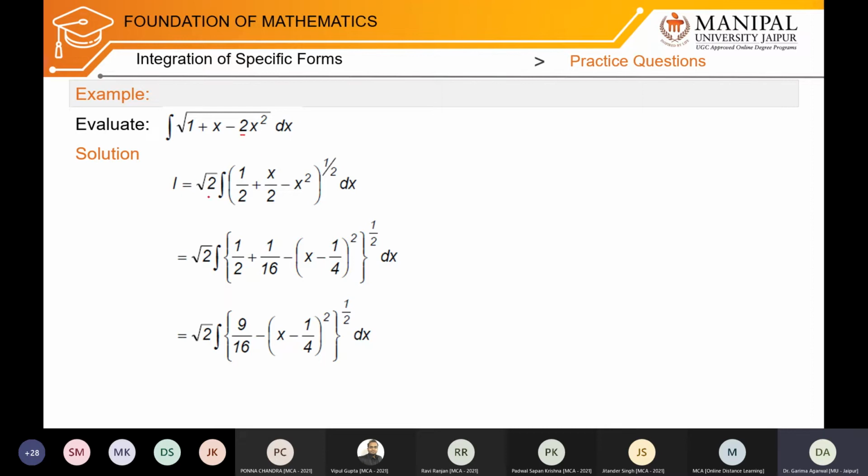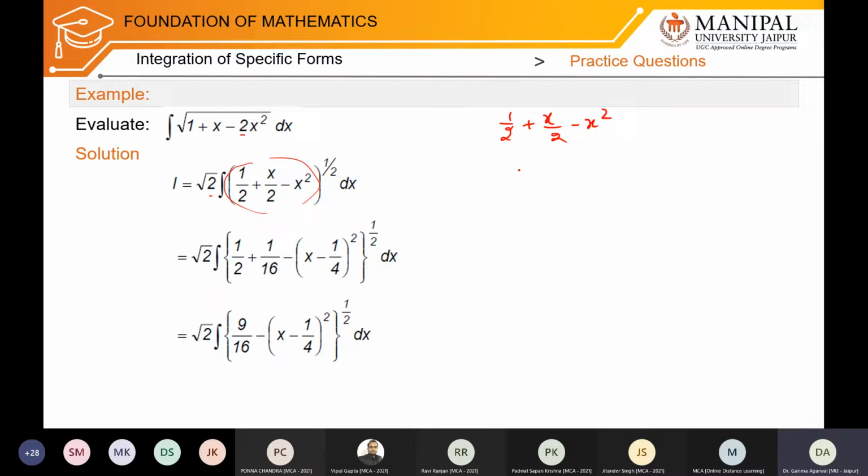We just took 2 common from this root. Then we split this term. Then we reduce this term into the standard form. How can we reduce it? This step, let me rewrite here: 1 by 2 plus x by 2 minus x square.